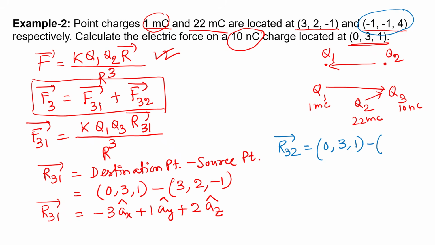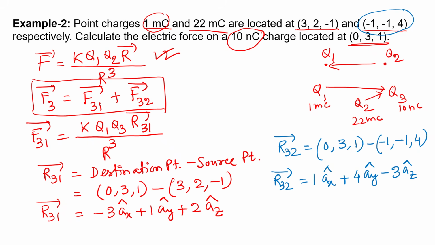So I'll replace that, and this will give me 1ax cap plus 4ay cap and minus 3az cap. So this will be my R32 vector.